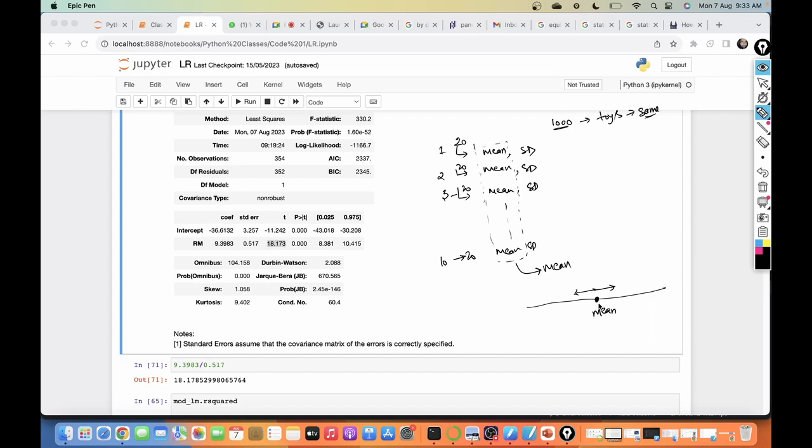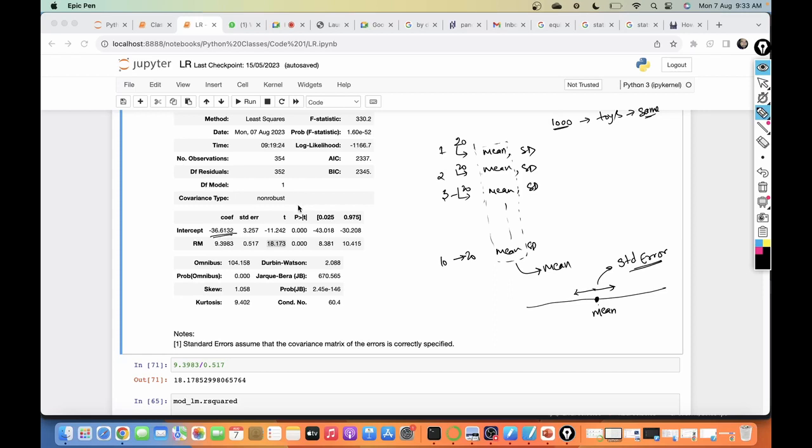That standard deviation of the mean is known as the standard error.